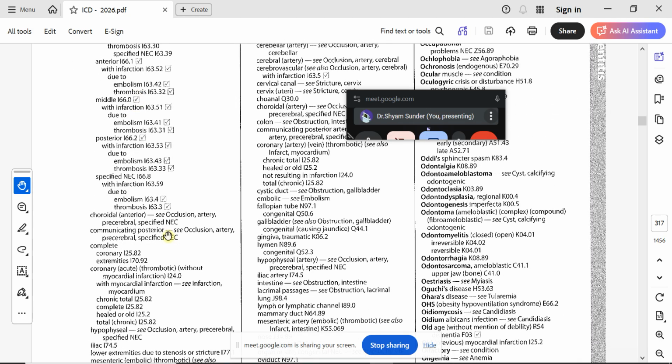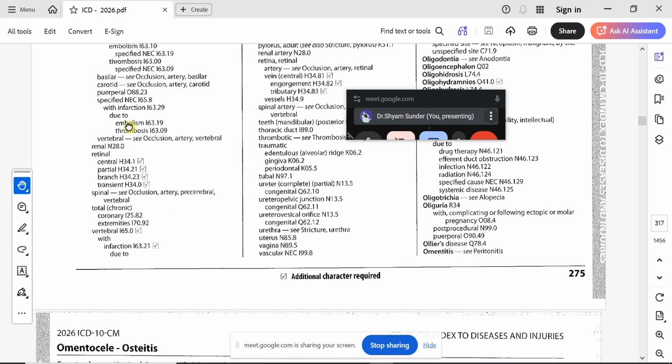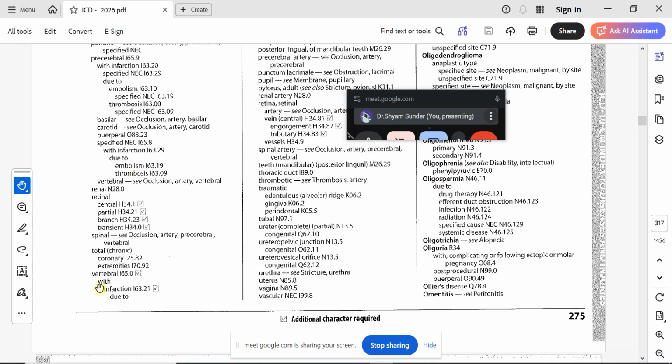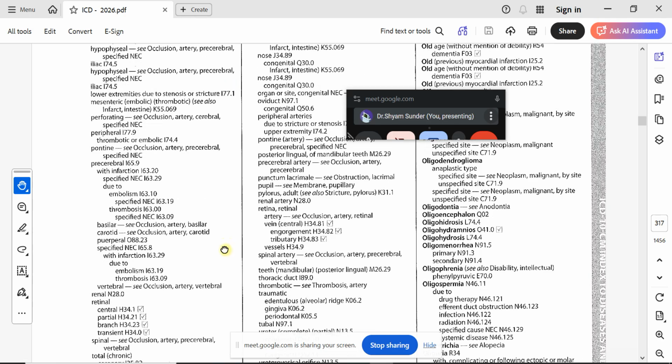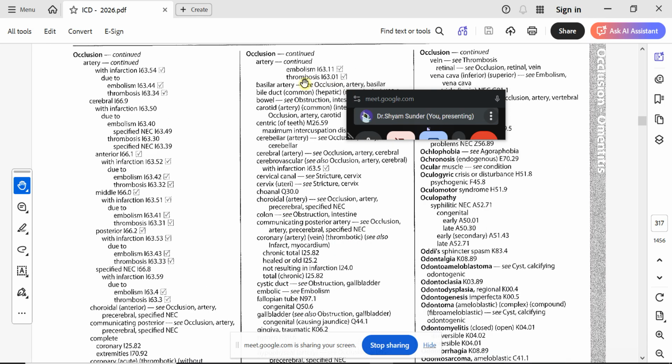So here is occlusion, artery, vertebral, right? I think yesterday we got a similar code. This is vertebral, then with infarction, I63.21. There is a tick mark, it is incomplete. Due to embolism, thrombosis. Due to thrombosis, right? I63.01. So this is the final code because embolism and thrombosis are both different. But it shows the left vertebral.